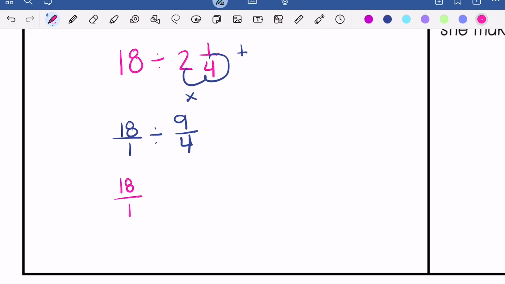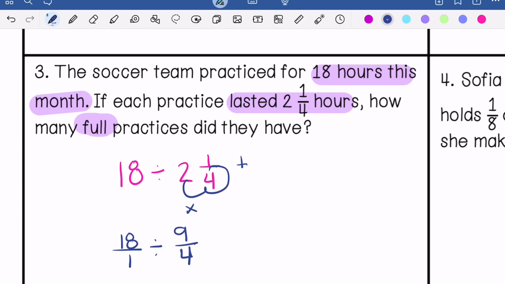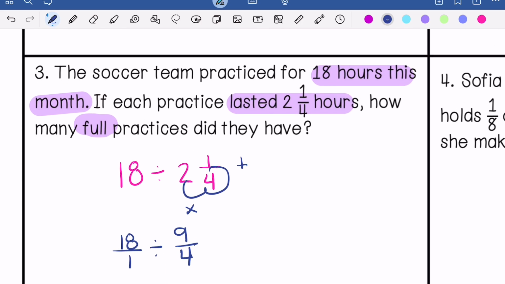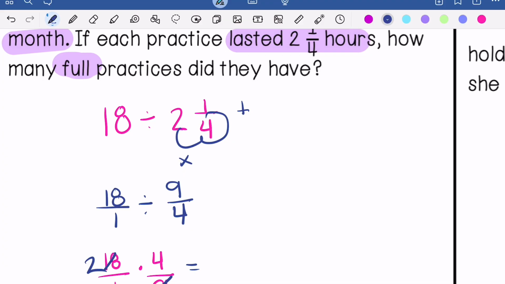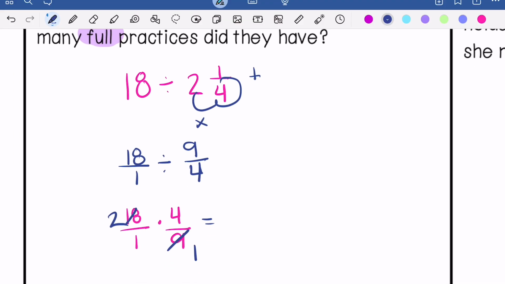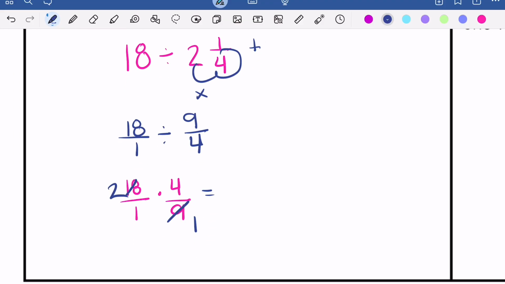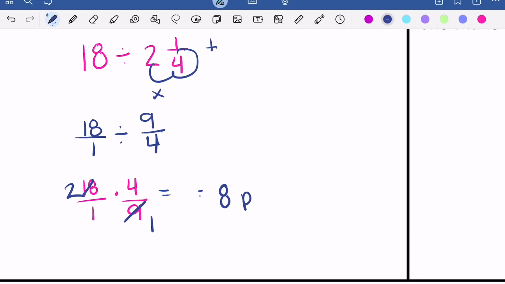Keep, change, flip. Just double checking your math here. That's 8 practices.